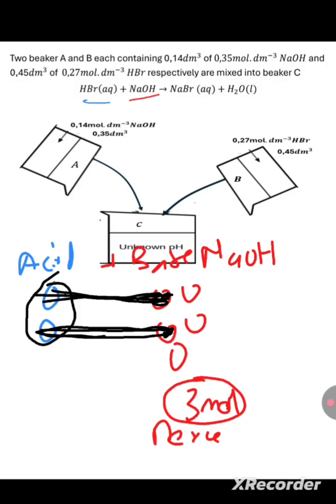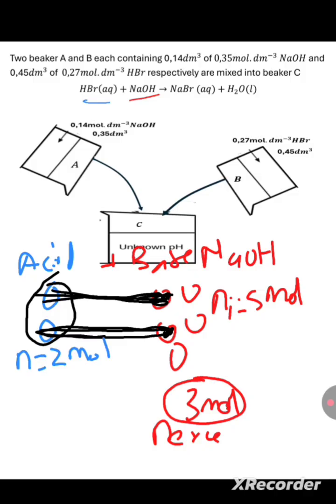Initially, how many were there? There were 5, so the initial number of moles for the base was 5, and for the acid, the initial number of moles was 2. Because the base is more than enough, it will remain.